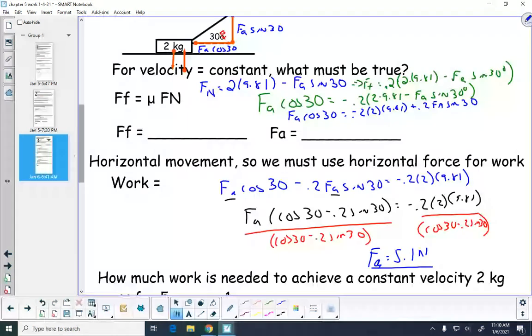So our work is our force applied times our distance. Now remember, the only thing that's doing work is the horizontal force, so we have to take our 5.1 cosine of 30.